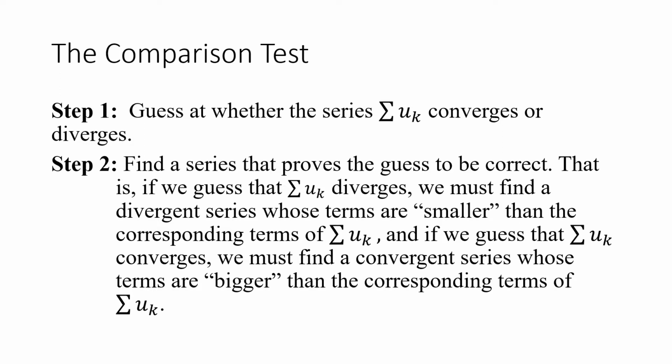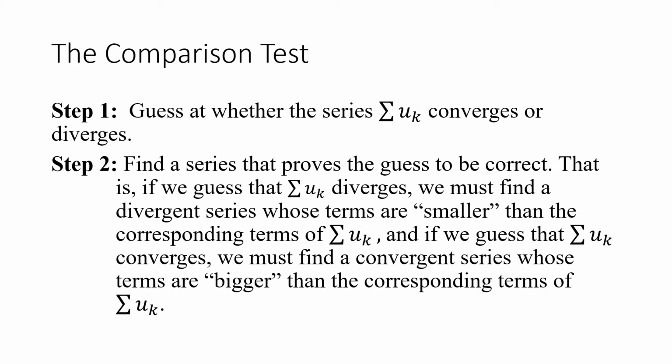That is, if we guess that the series u sub k diverges, we must find a divergent series whose terms are smaller than the corresponding terms of u sub k. And if we guess that u sub k converges, we must find a convergent series whose terms are bigger than the corresponding terms of u sub k.